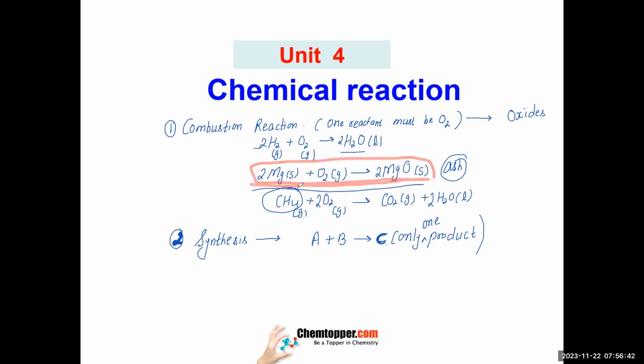That is the reason these definitions are losing their importance. Like here, I can call it a combustion reaction. I can call it a synthesis reaction. And you know, children, I can call it a redox reaction also, reduction oxidation. So one reaction can be classified into many categories. That's why these words are losing importance in the learning process.